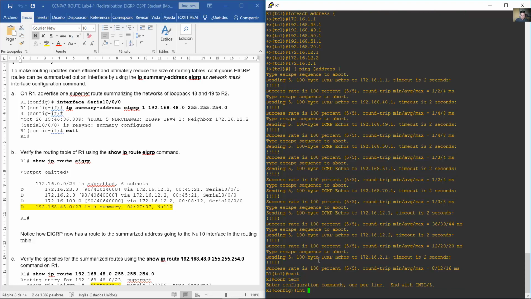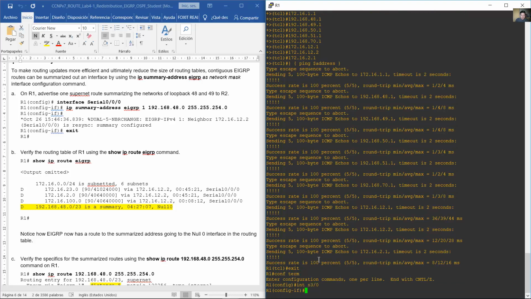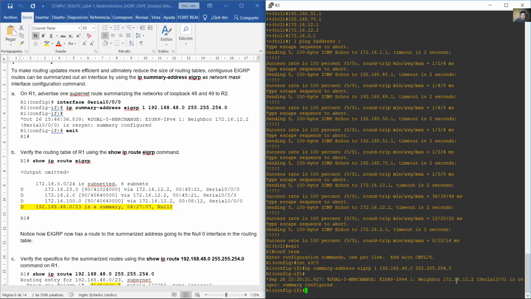Configure terminal, interface, in my case serial 0/0/0, ip summary-address eigrp 1 192.168.48.0 255.255.254.0. This is the summarization for 48 and 49.